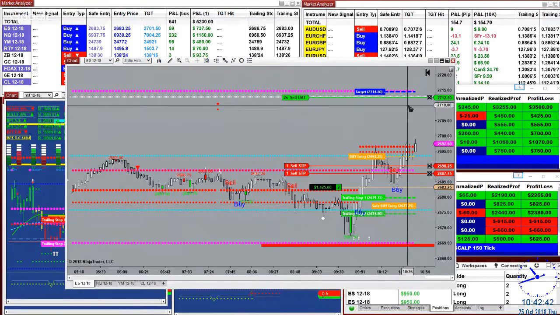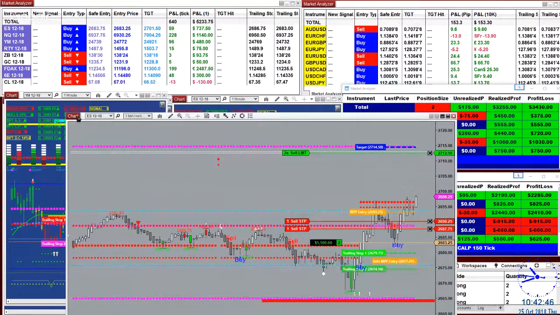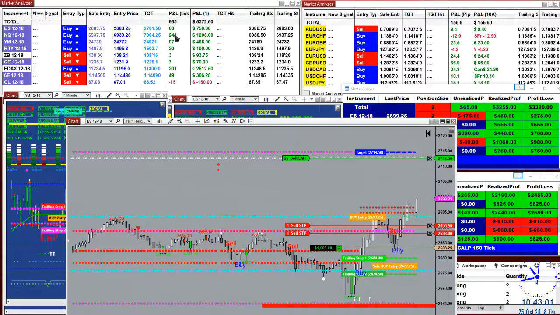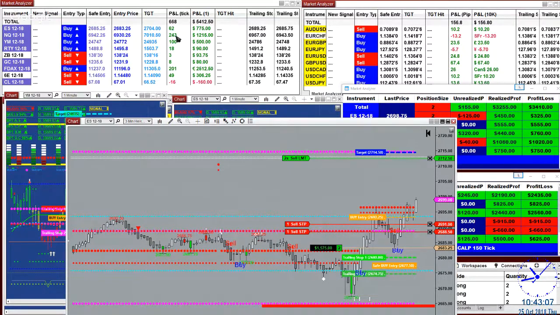On the NASDAQ, the last entry, which happened right before we came in live here on YouTube, was 236 ticks. This is why I like the NASDAQ. The NASDAQ on that system is doing extremely fine. Even for a guy who doesn't have a lot of capital, he can start trading on the NASDAQ.